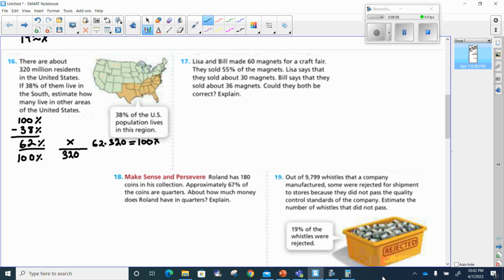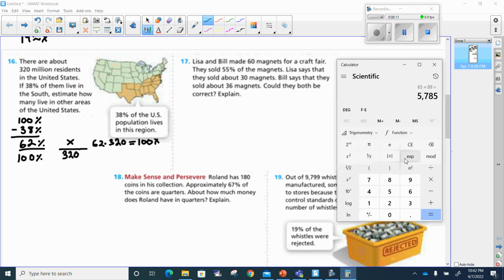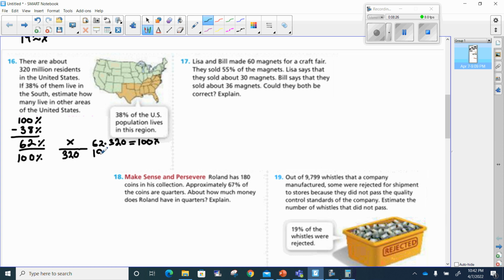When I take my calculator and I multiply 62 times 320, that's going to equal 19,840. That has to equal 100x.